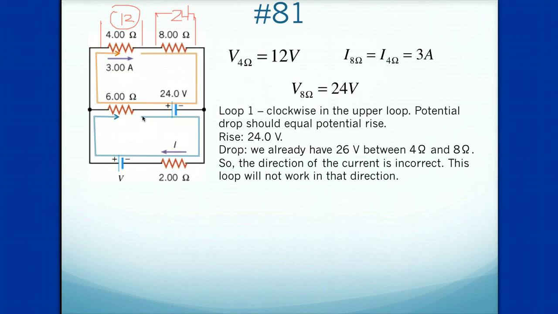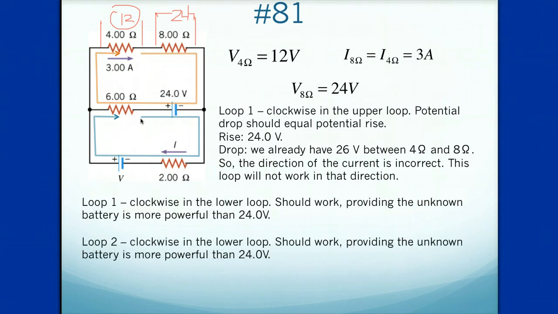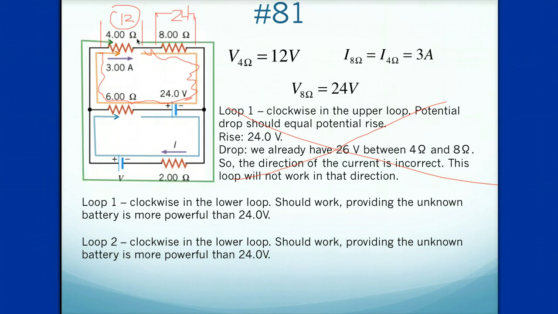So if this loop works, there's got to be another loop, and that other loop is going to be the very outside one. So this right here, again, does not work for us. It does not make sense. So this right here is not the loop. This works, and then that is your second loop, the outside loop.